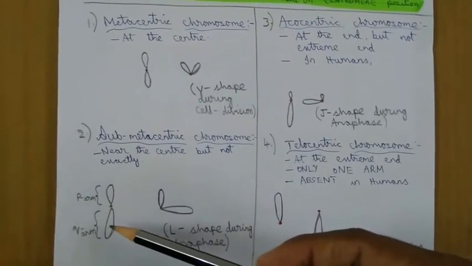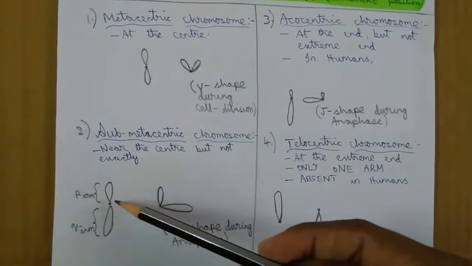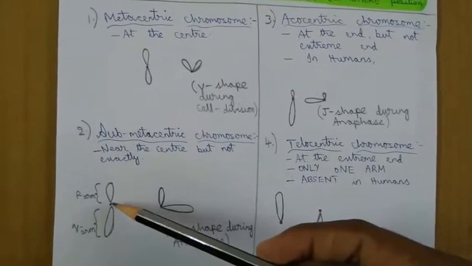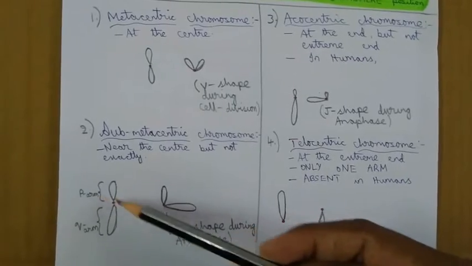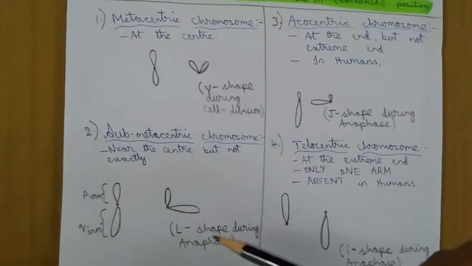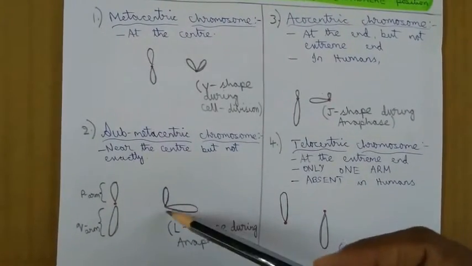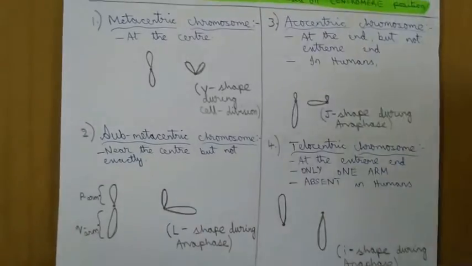One is P arm and one is Q arm. The smaller arm and the larger arm are differentiated. The smaller arm is called as P arm and the larger arm is called Q arm. And during cell division, particularly in anaphase, L-shaped submetacentric chromosome is seen under a microscope.